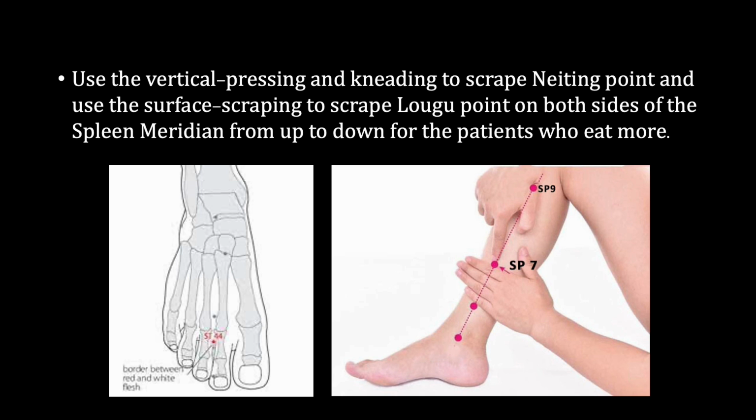Use vertical pressing and kneading to scrape Stomach 44 and use surface scraping to scrape Spleen 7 point on both sides of the spleen meridian from up to down for patients who eat more.